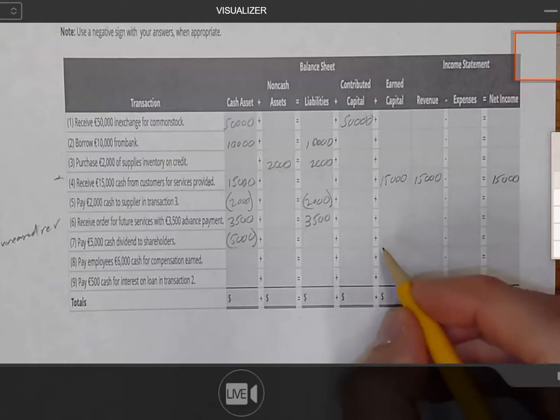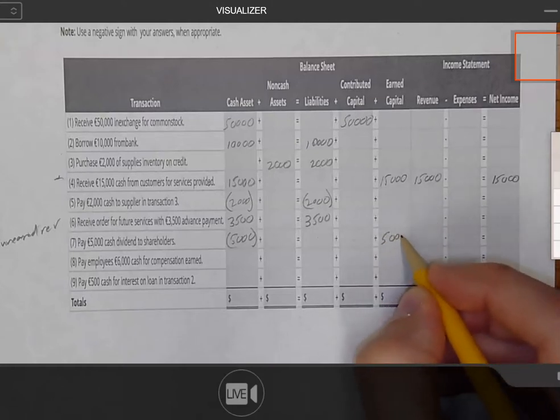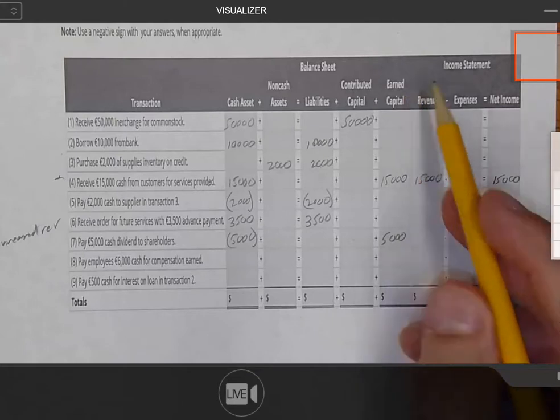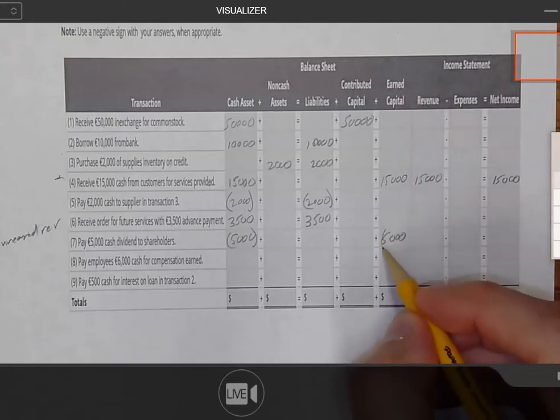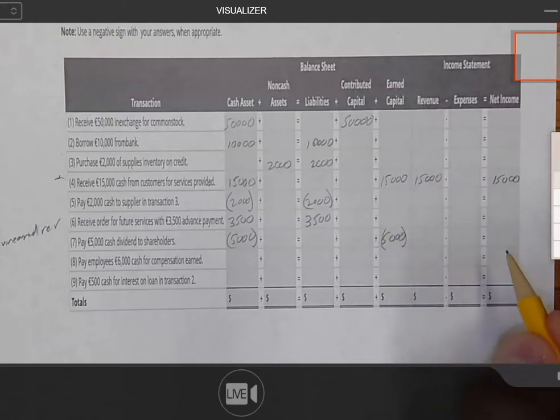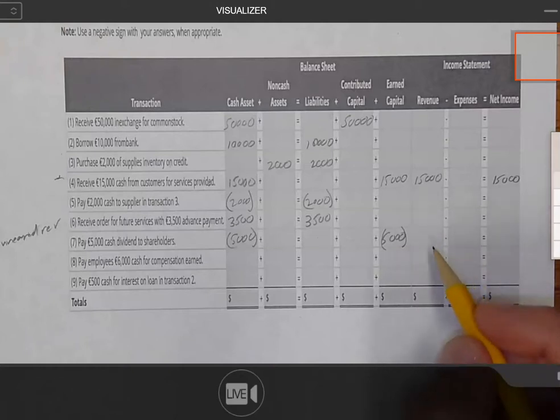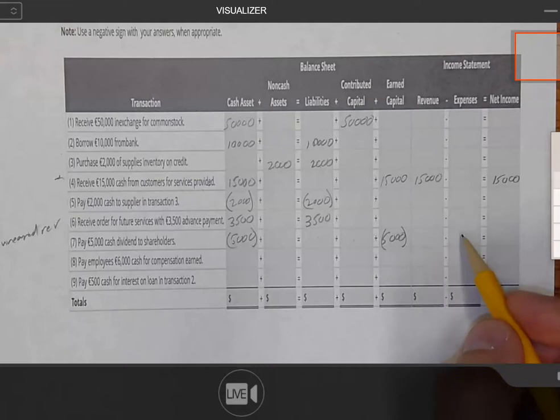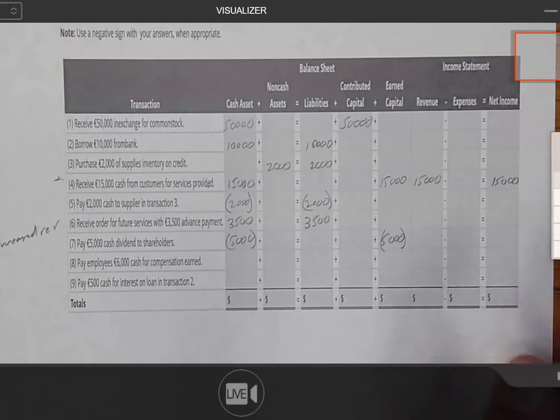However, we do have a $5,000 reduction to earned capital. So let's put that in brackets, and then the other 3, revenue, expenses, and net income, would not apply. Paying dividends has nothing to do with income.